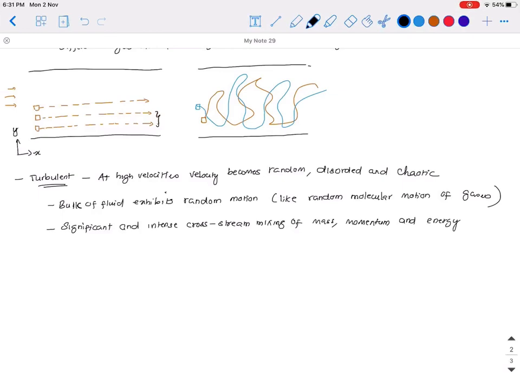Because of this mixing, the friction is enhanced and more pumping power is required. Turbulent flows experience more fluid induced friction. We are going to see this soon in this chapter.